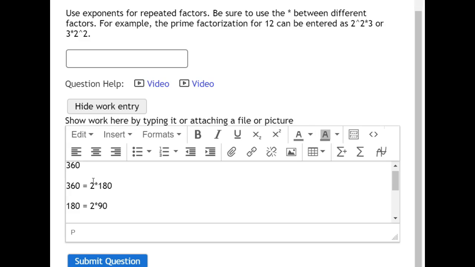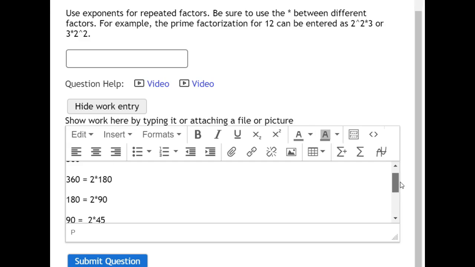I started with the lowest prime factor of 360 and found what I multiplied by that number to get 360, and then I took that 180 and found the lowest prime factor and figured out that 2 times 90 was 180, and then I took 90, and I'm just breaking this down, dividing by the prime factor each time.